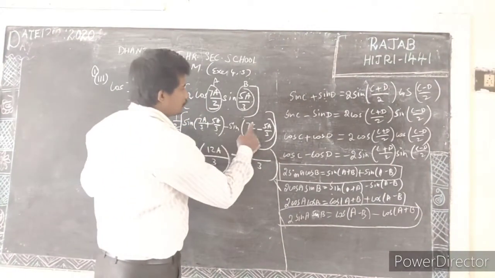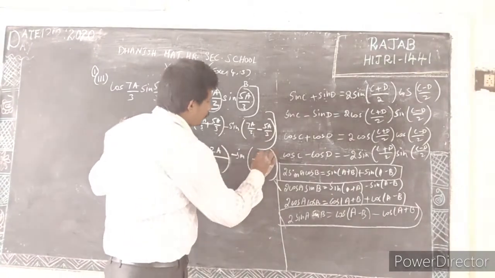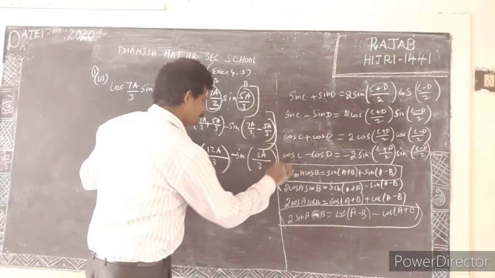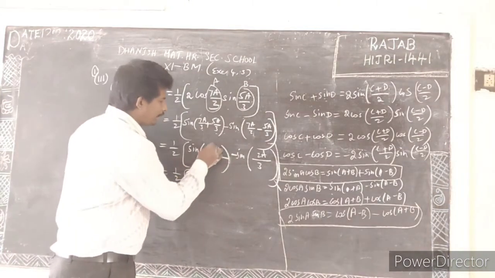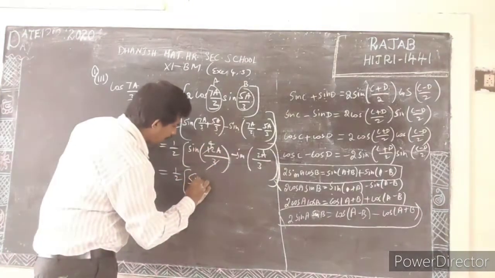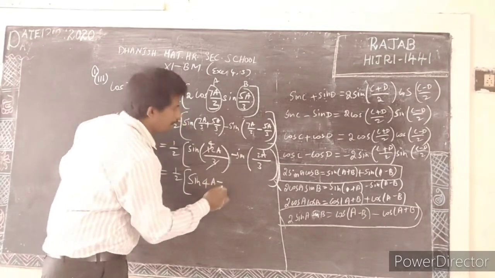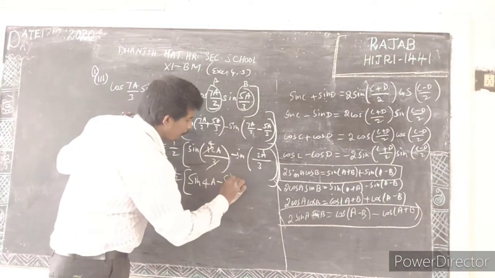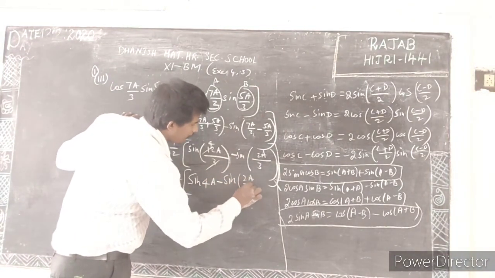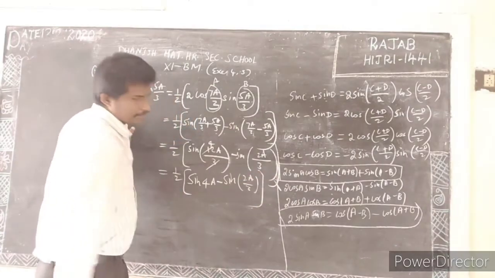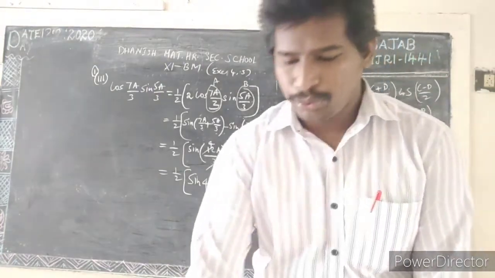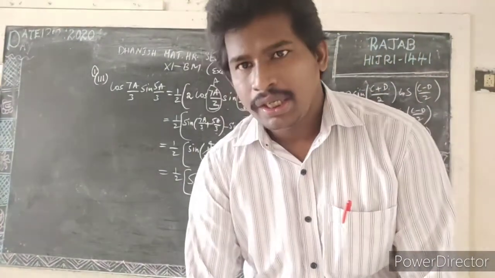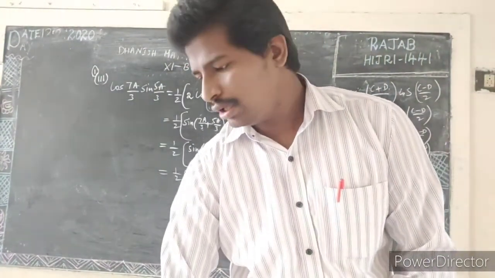So 7a minus 5a, 2a. Now this is 1 by 2 into 1 times 4 times. So we will have sin 4a minus sin 2a by 3. We have expressed the given term as sum or difference of two terms. Similarly, you can do the fourth one as the homework.